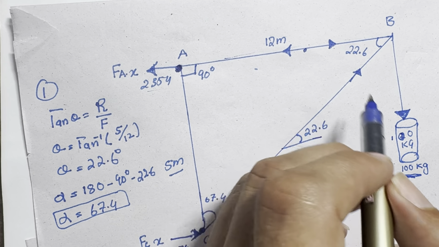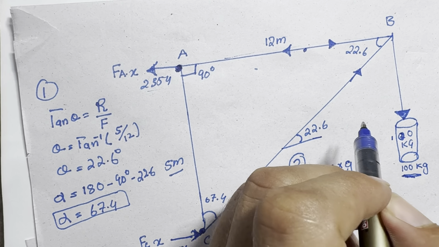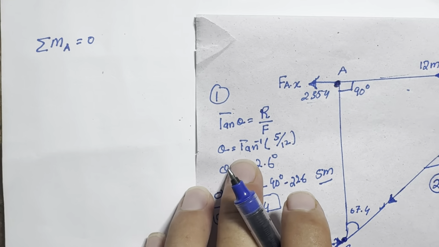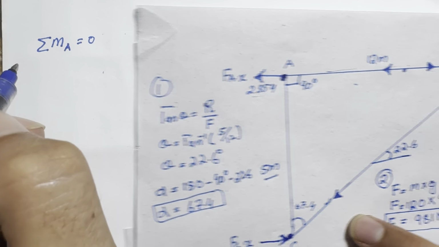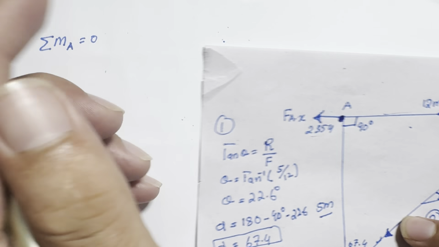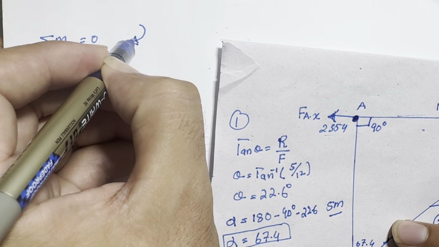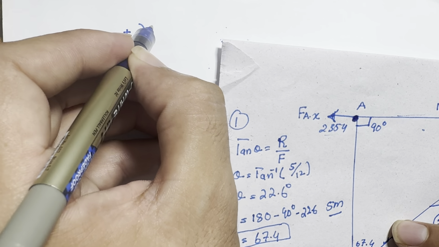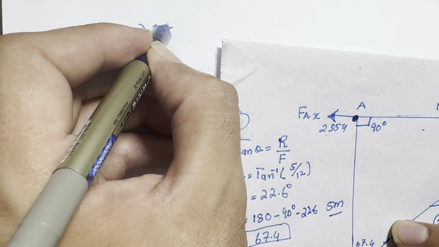So 12 is the moment arm and the force RF. The first force is this, which gives a clockwise moment. I assume that when a moment is clockwise, I take it positive, and if a moment is anti-clockwise, I take it as negative.